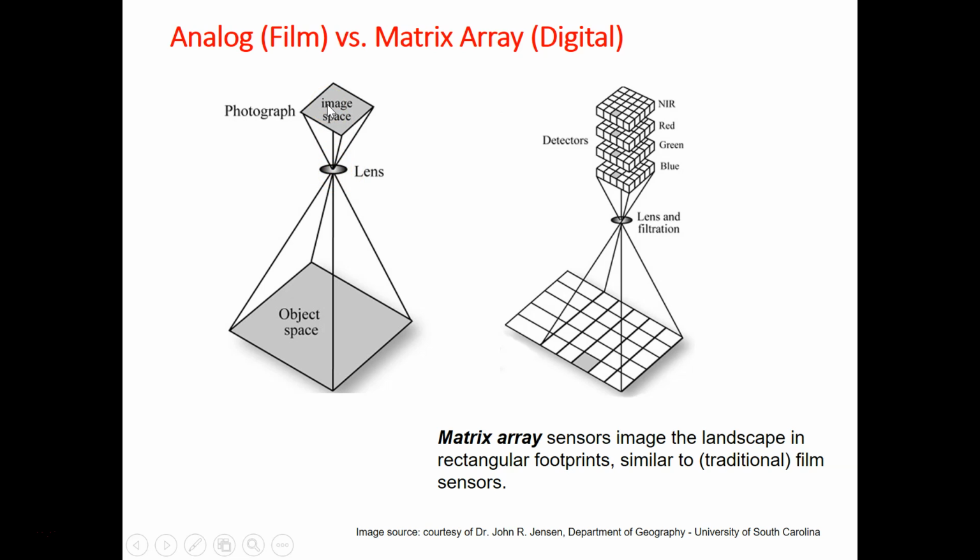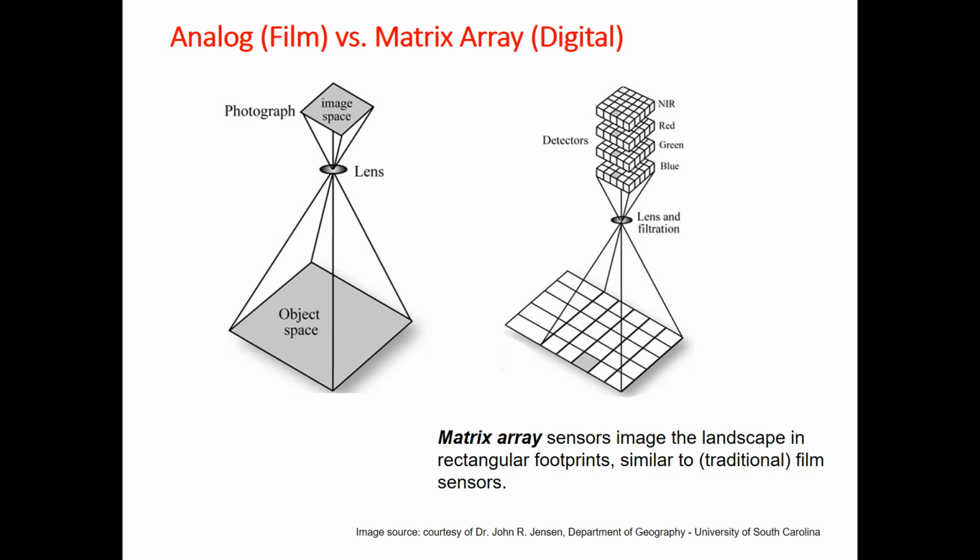And if you're more familiar with how images were created, essentially there was a chemical reaction happening on the surface of the image in response to the exposure to light.